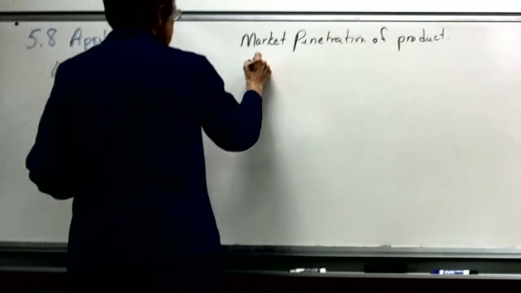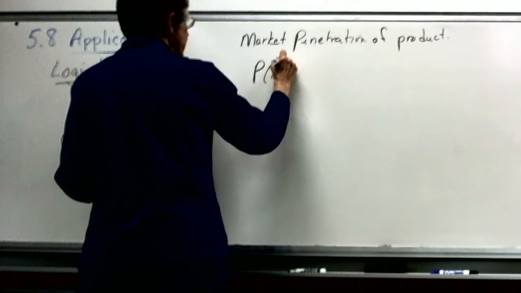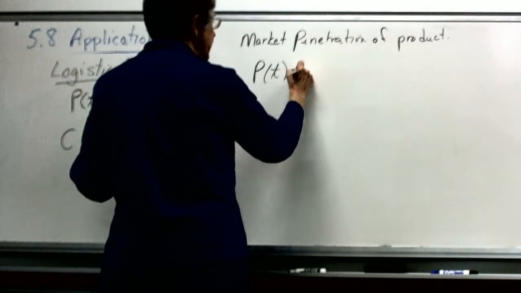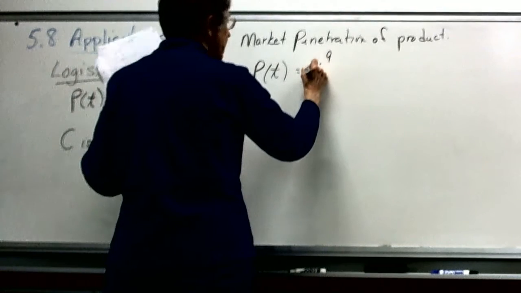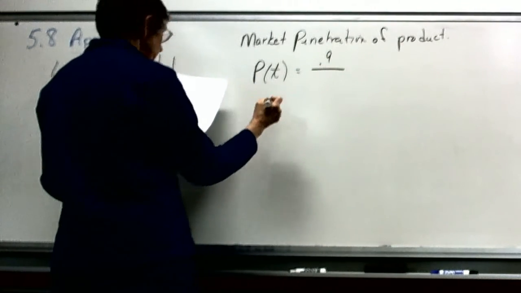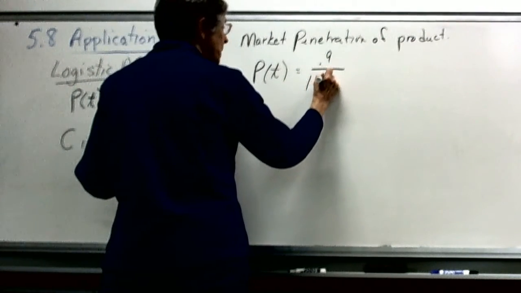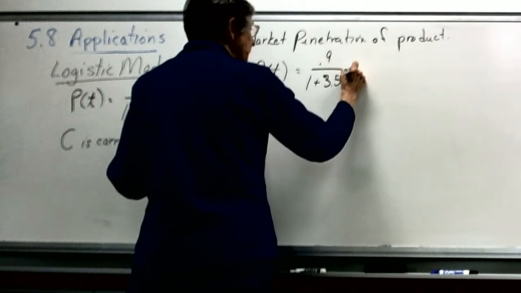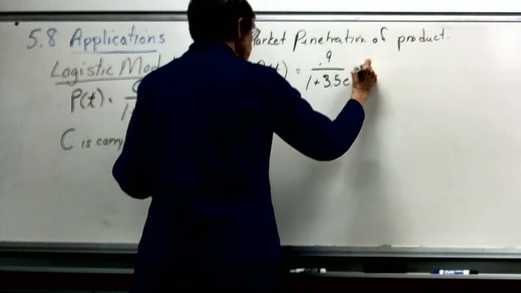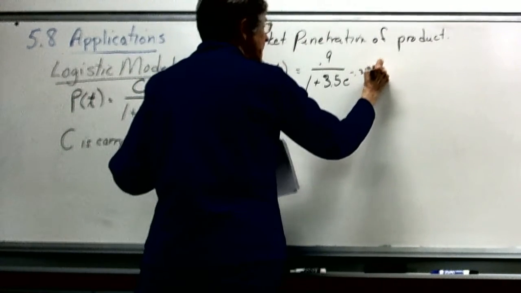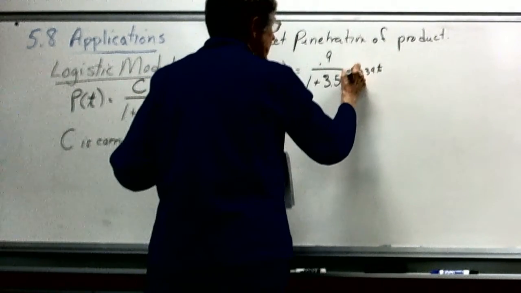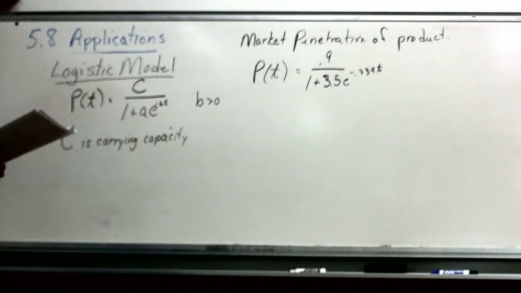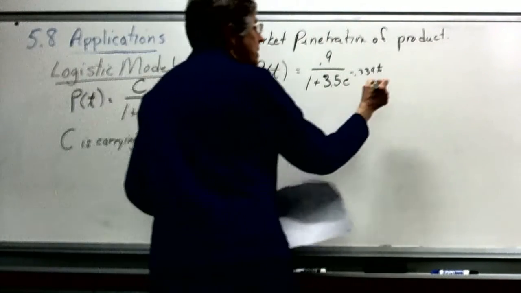And in his formula for marketing penetration, we have 0.9 as the carrying capacity, and 1 plus 3.5 e to the minus 0.339 t for our exponent there. So all the parts of the formula are given. t is in months.